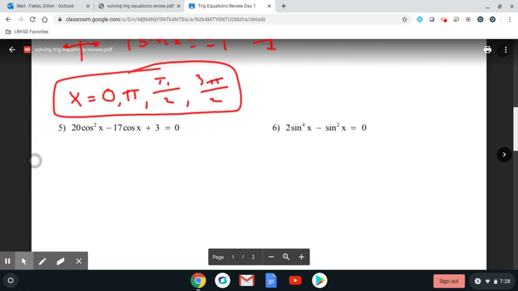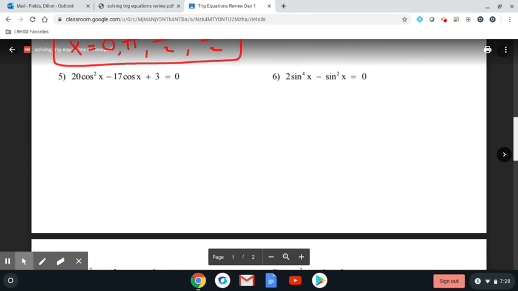All right, so now let's look at number 5. For number 5, you have 20 cosine squared x minus 17 cosine x plus 3 is equal to 0. The setup of this one is pretty much identical to problem number 1, just with the numbers switched around, where when you're solving it, you're going to have to try to factor.